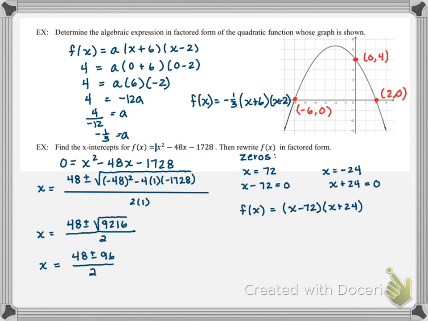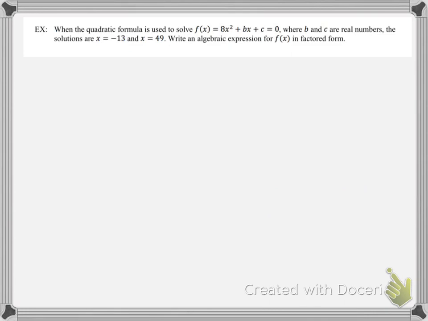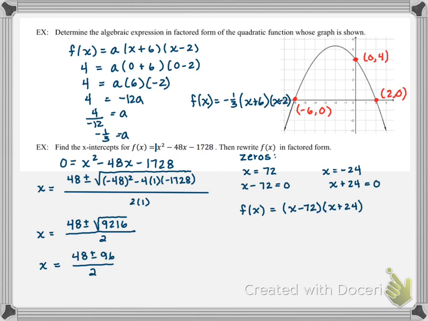Good? So this next one, I feel like it looks a lot more complicated than it is. They give you a general function without all the numbers. And then they just say, theoretically, if somebody found the x-intercepts using the quadratic formula, they got those x values and you want to write it in factored form. It turns out that this is actually not much work because it's exactly the same as this problem, but you're starting here because they give you those zeros.